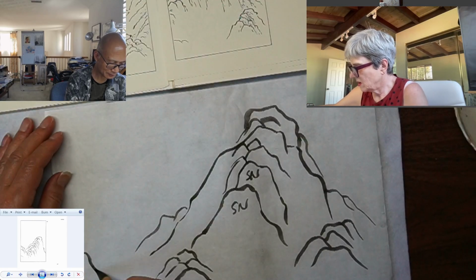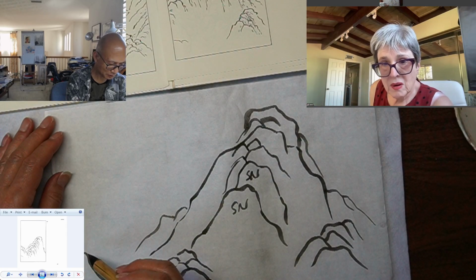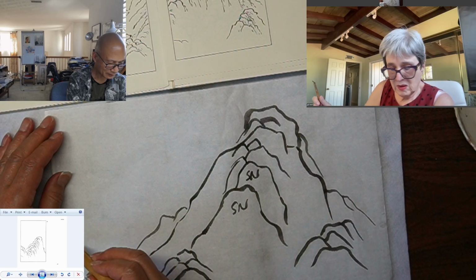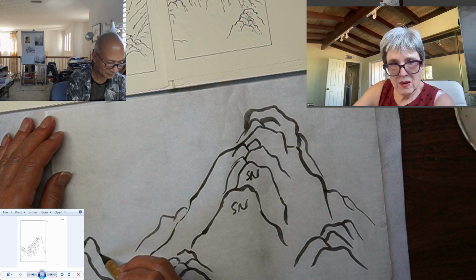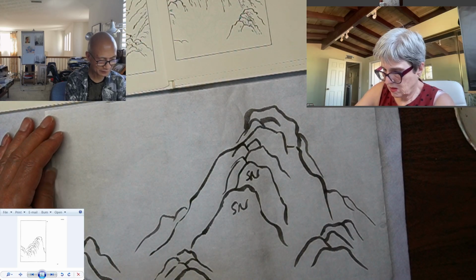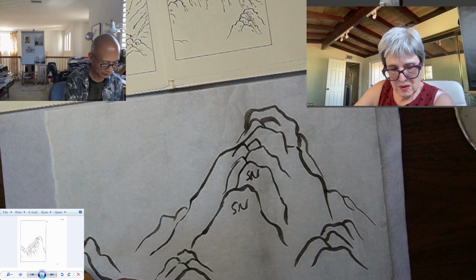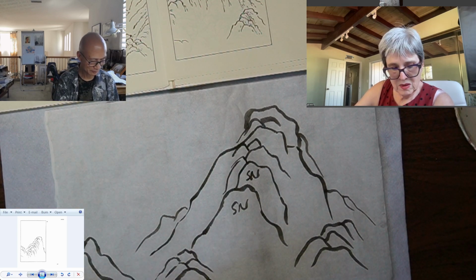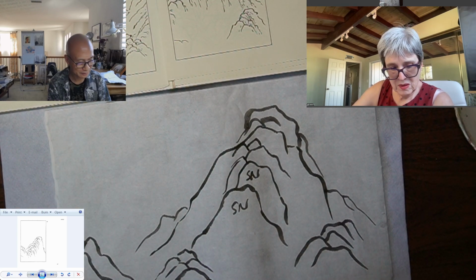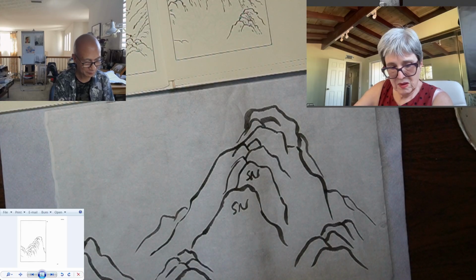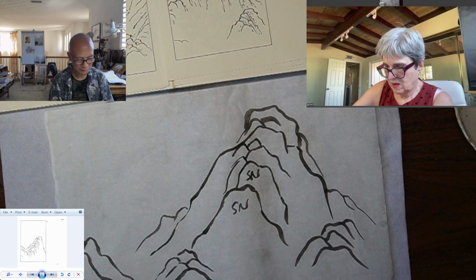Then this small one also has a little bit like a front, but it's outside the frame. Okay, that's the foothill. So you can have it more spread.